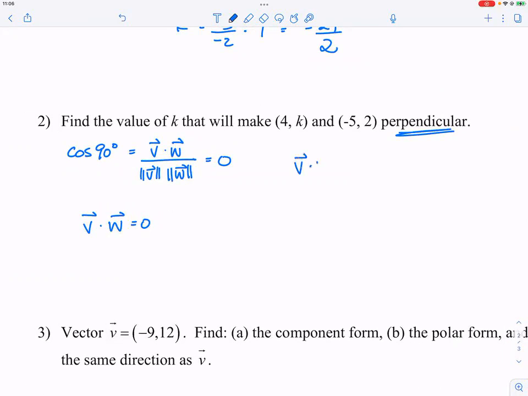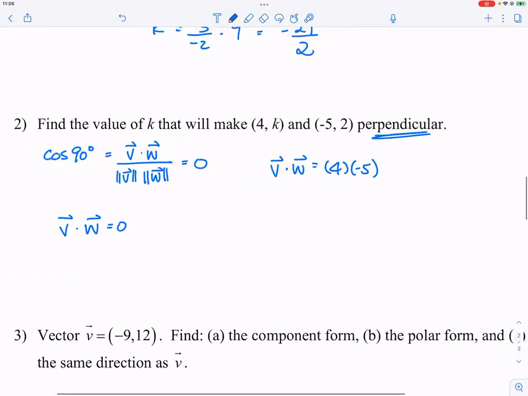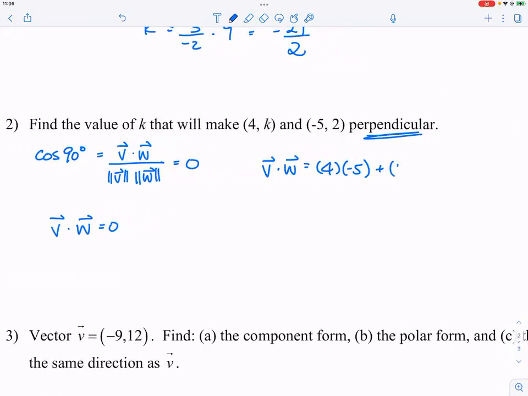So v dot w is equal to 4 times negative 5, the x will be multiplied together, plus k times 2, the y will be multiplied together, and then we add them all. And they should all equal 0. So negative 20 plus 2k is equal to 0, so k must be 10.